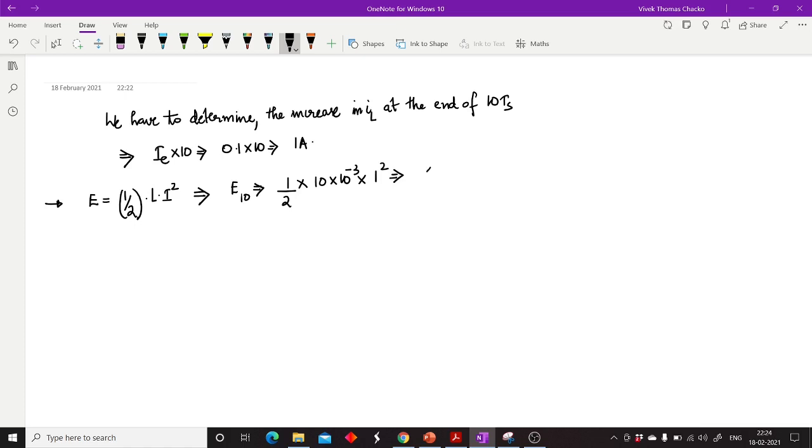So it will be 5 into 10 power minus 3 joule, or 5 millijoule. So the energy stored in the inductor at the end of the 10th cycle will be 5 millijoule. So the answer to this question is 5 millijoule.